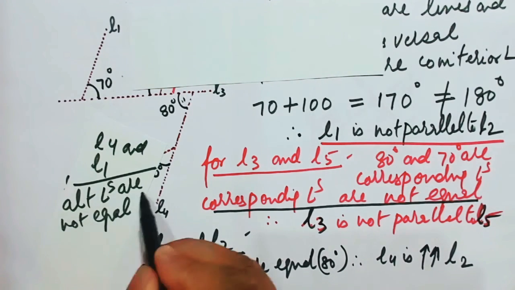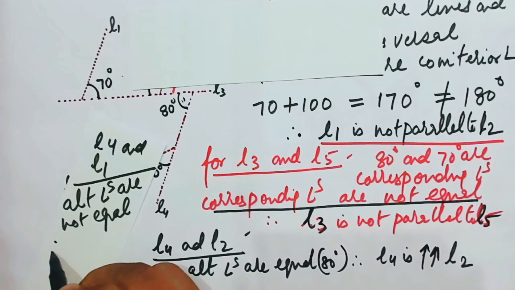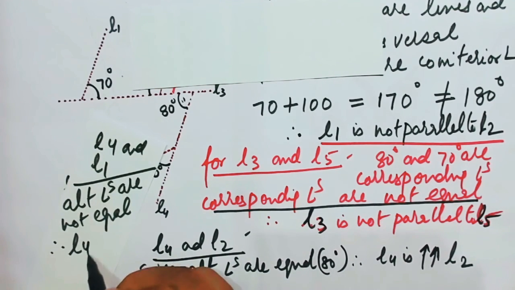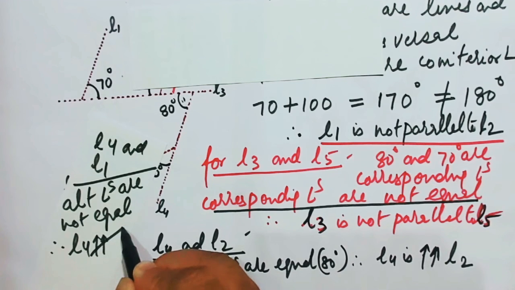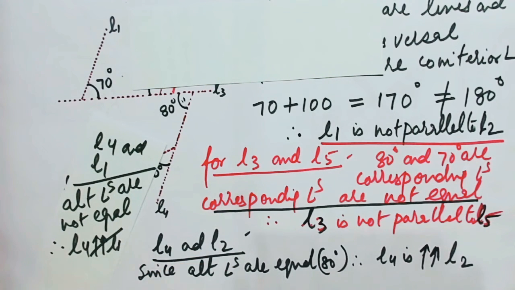So when alternate angles are not equal, therefore L4 is not parallel to L1.